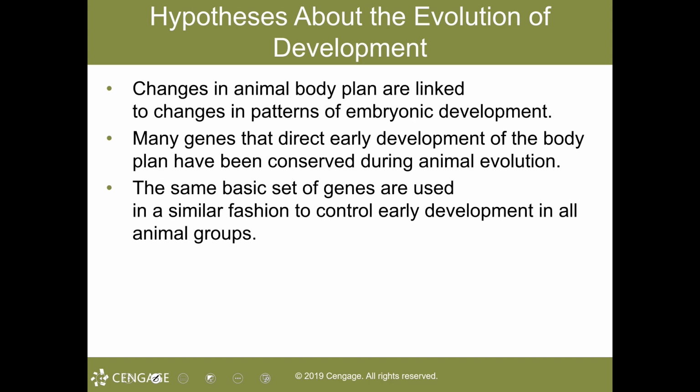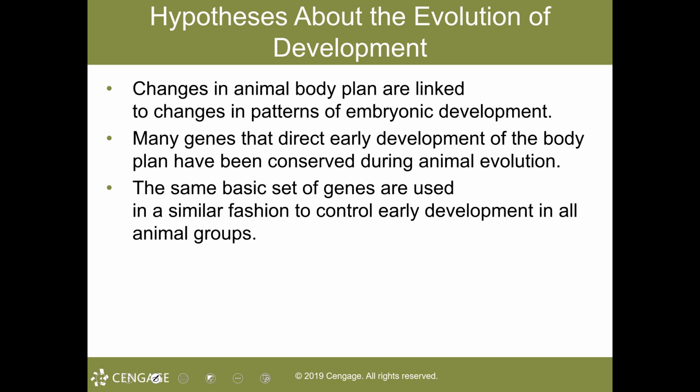So yes, that basic set of genes has gotten us to where we are today, and of course, where we were with those changes in body plans, but it's all about those patterns seen by way of embryonic development. So biologists have long used those similarities and differences in embryonic development to hypothesize how the animal groups are related.